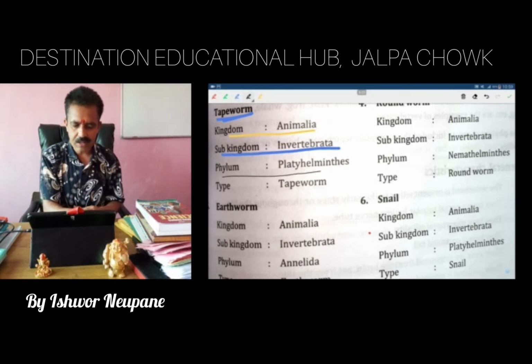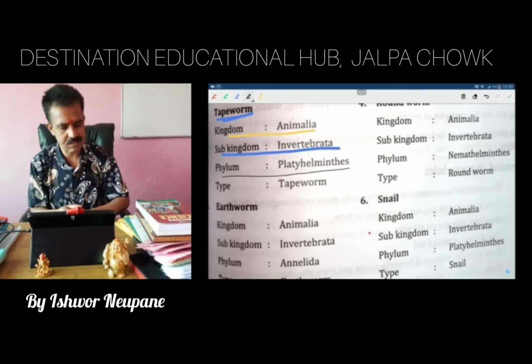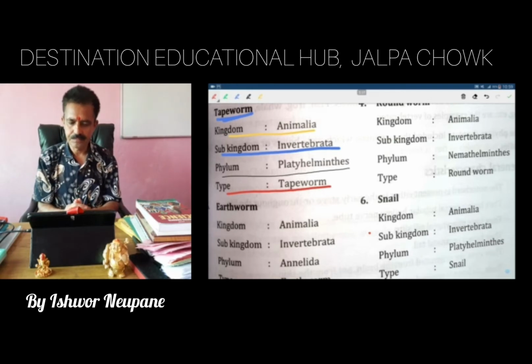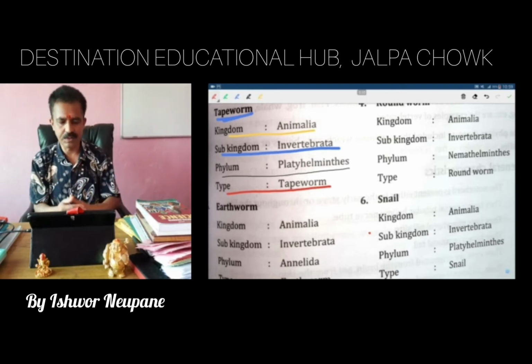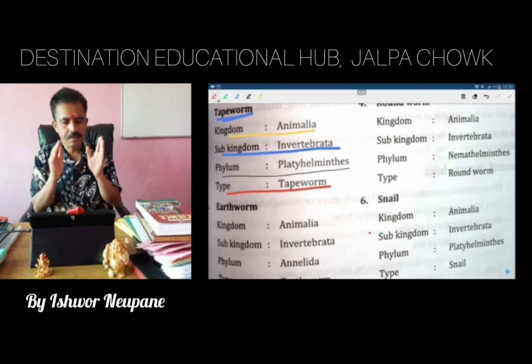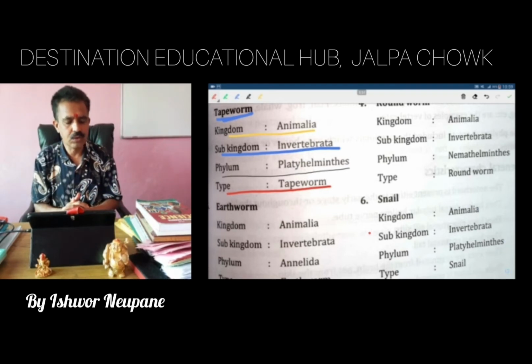Tapeworm belongs to phylum Platyhelminthes. And type is tapeworm. Clear? Or you can write examples. And what are the main characteristics of Platyhelminthes? These are flat worms. The body is flat. Or the mouth is provided with hooks or suckers.